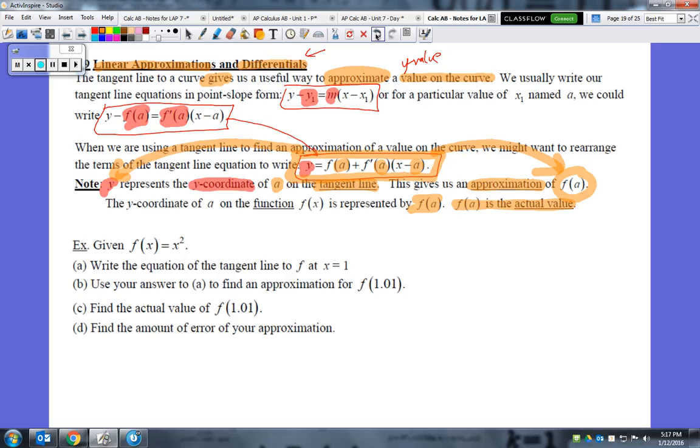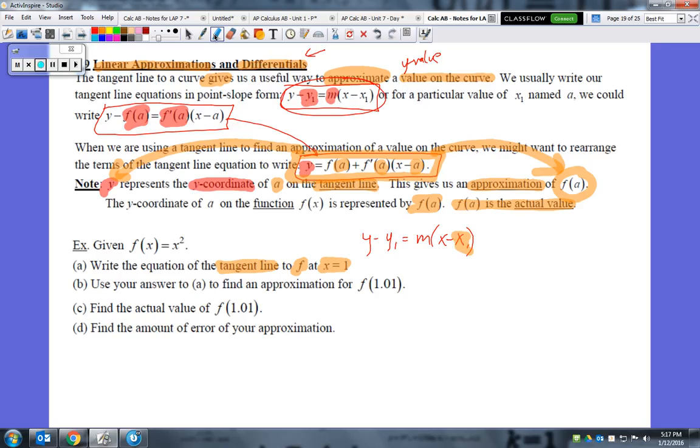So here with this first example, what's going on? Write the equation of the tangent line of f at x equals 1. If I'm going to do the equation of a tangent line, I know that it's going to be y minus y1 equals m times x minus x1. My value of x equals 1 is going to go here.